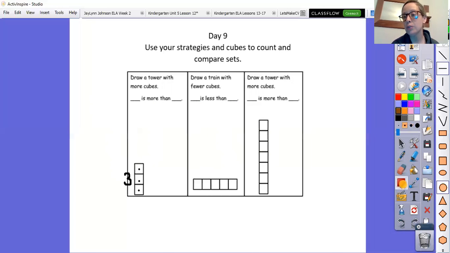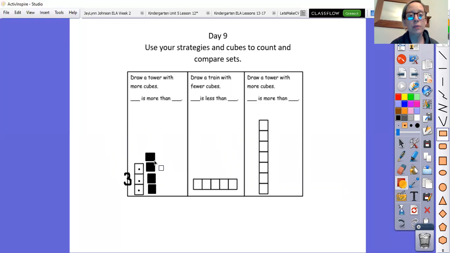So I'll make a little square. All right, and we'll do it that way, okay? So here are my cubes. Try to make them almost the same size. So 1, 2, 3, 4.